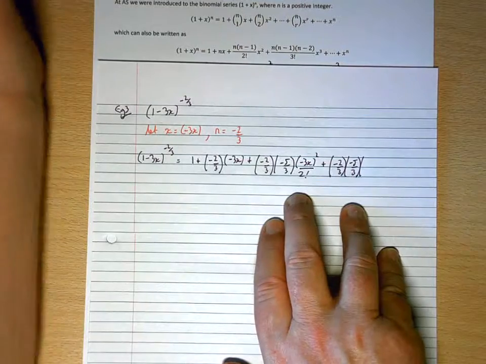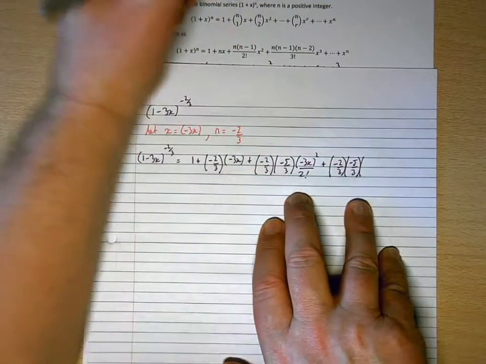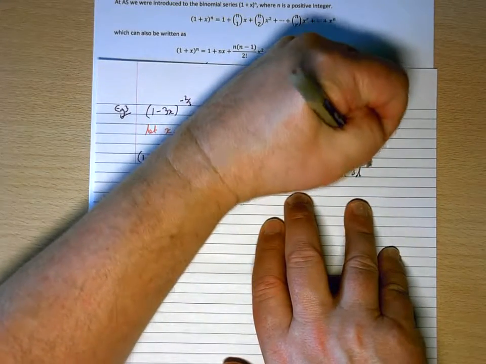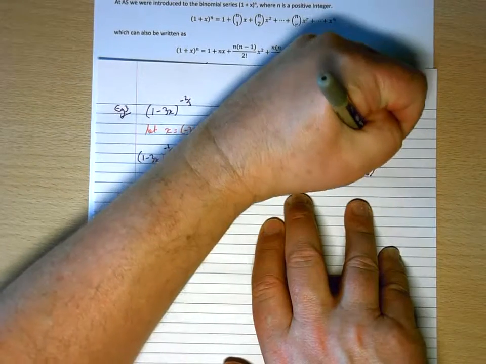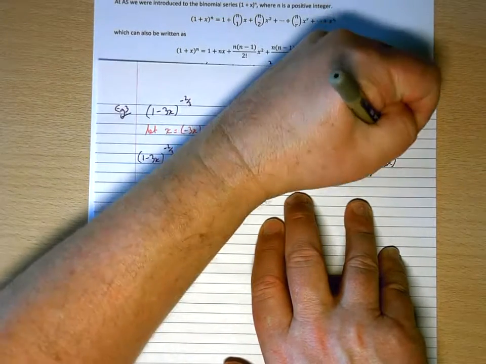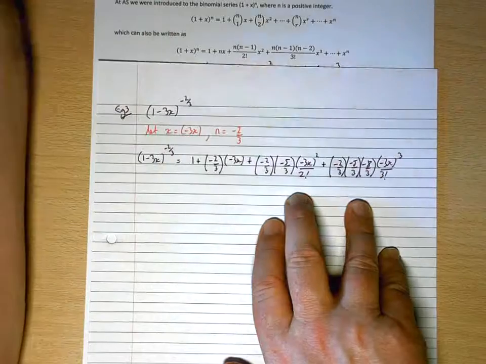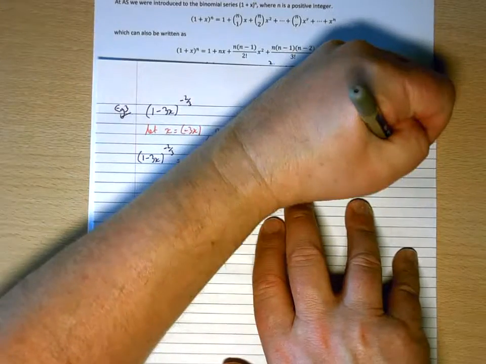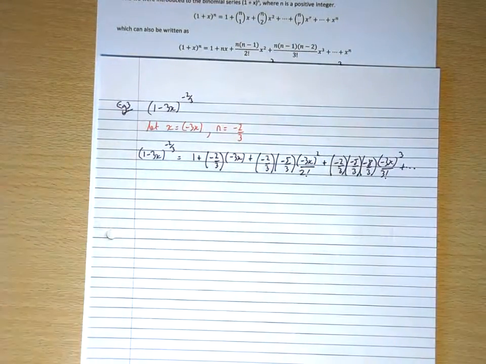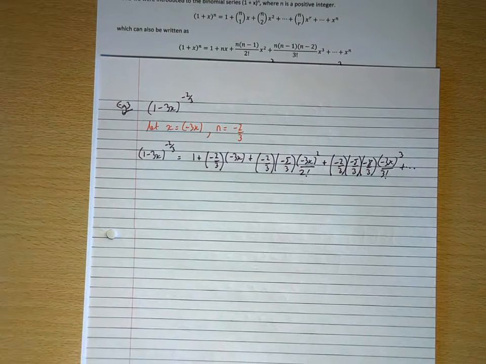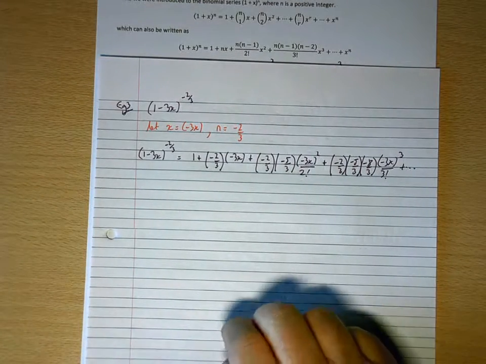We now have to take another 1 off, which is going to be minus 8/3 times negative 3x cubed all over 3 factorial. And then that continues as a sequence, but we stop there.